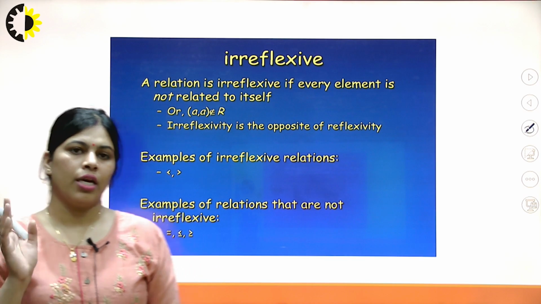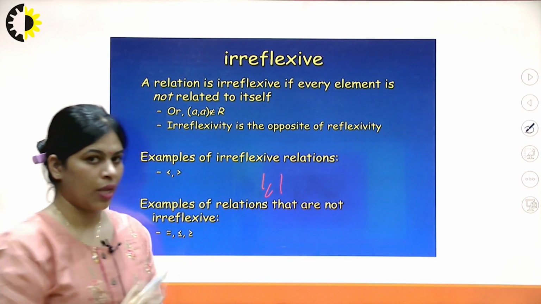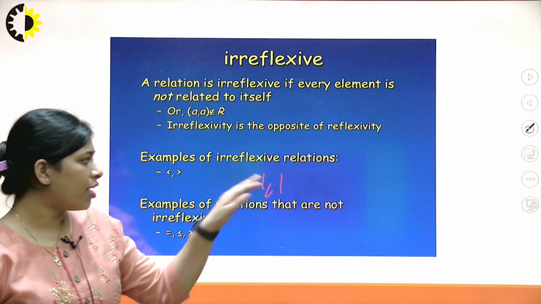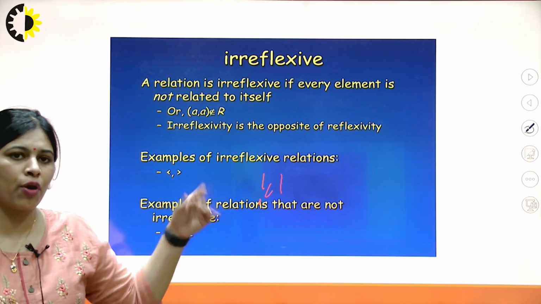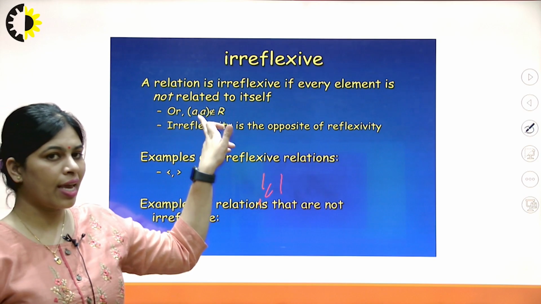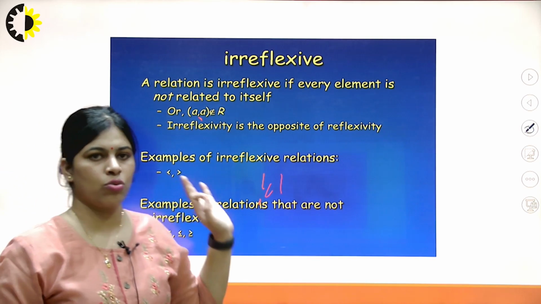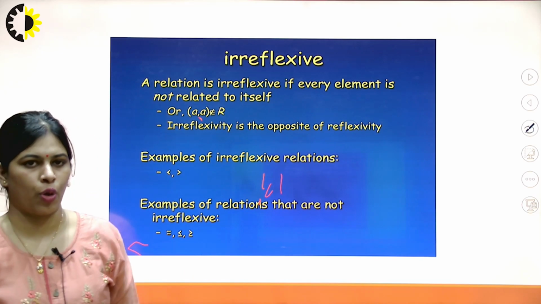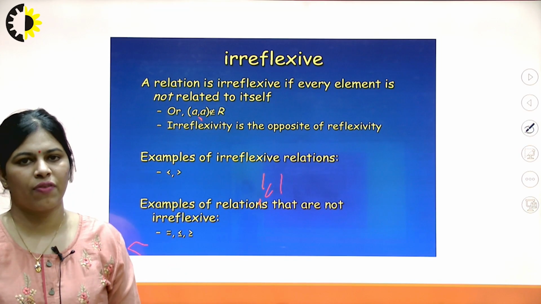In reflexive, 1 1 is present, but in irreflexive, whenever 1 1 is present in the relation, it is not irreflexive. You may check the condition: if the ordered pair A comma A does not belong to R, it is called the irreflexive property.